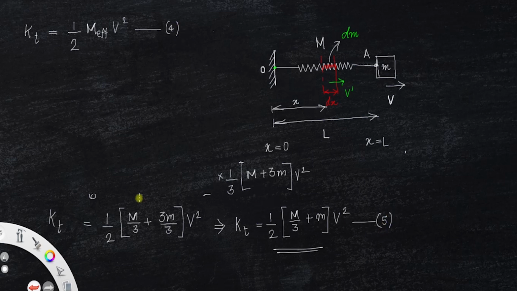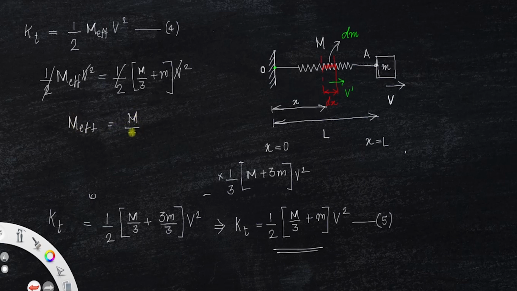When you compare 4 and 5, you will get 1 by 2 m effective v square is equal to 1 by 2 m by 3 plus m into v square. Cancel this half and v square. So the effective mass is equal to m by 3 plus m. Clear? So this is the expression for the effective mass.